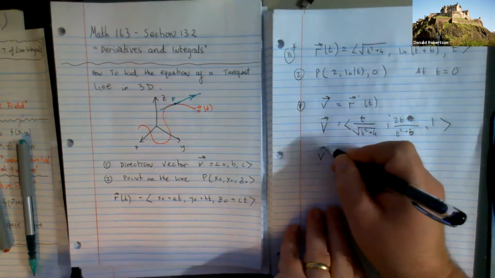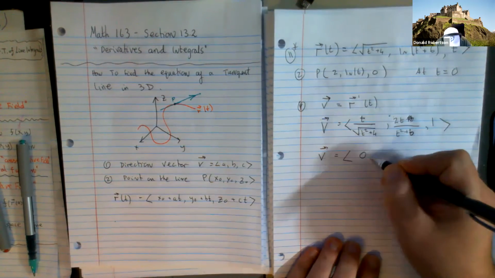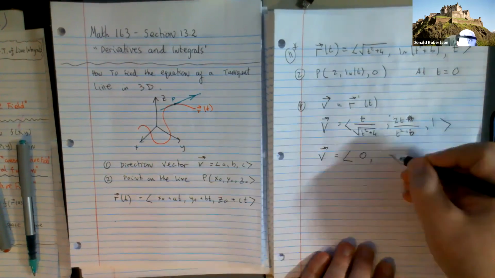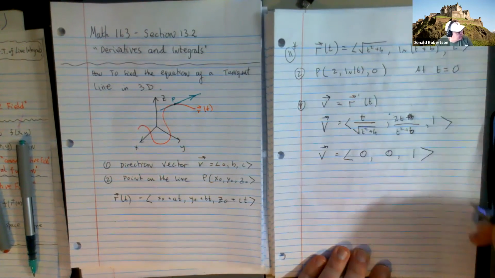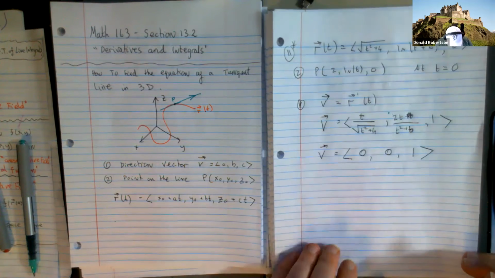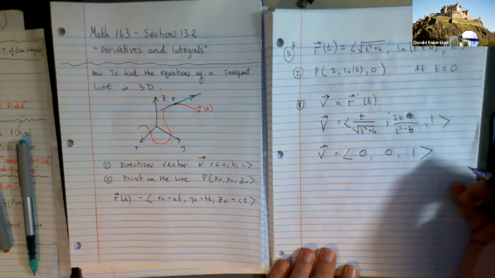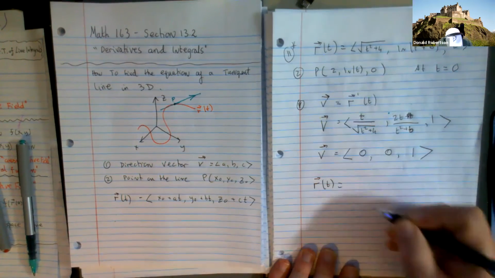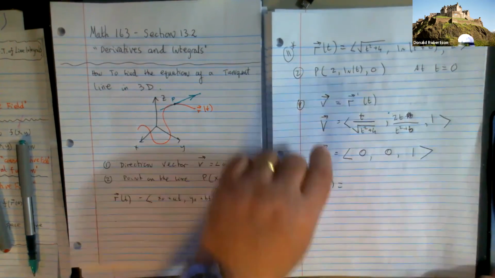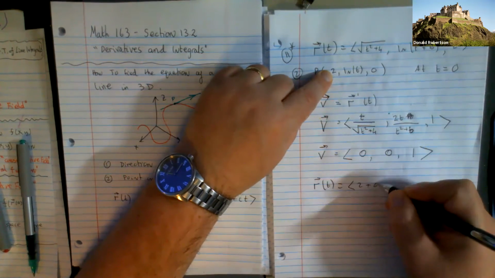The direction vector is 0 over that thing, which is just 0, 0 over that thing, which is just 0, and 1. I wish I'd picked a better question, but actually it's pretty much a copy of the question 11 they've got. So I've got everything I need. Let's see what the space curve for the equation of this line looks like. It's going to be A plus 0t.